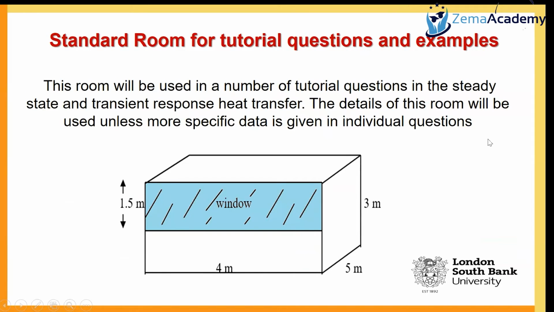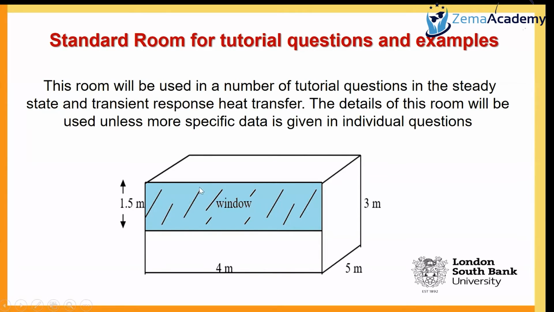Okay. So from now on, whatever problems that we are going to do in tutorials, we will be using some standard values. For example, we will be using a standard room for tutorial questions and examples. You can see over here that the room is appearing like this. It has got all these dimensions.